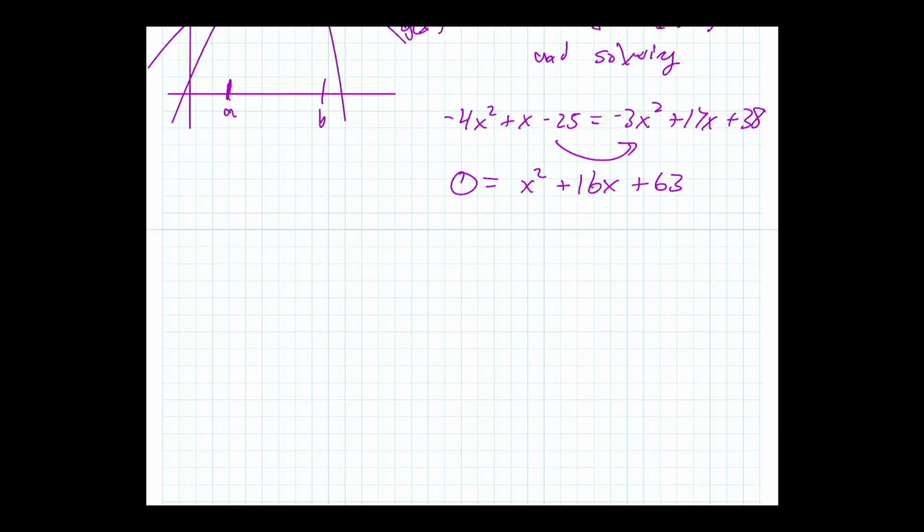Okay, and we're trying to solve this for x. So we'll try to factor this. So we're looking for numbers that multiply to 63 and add up to 16. So, I mean, obviously that's 9 and 7, right?